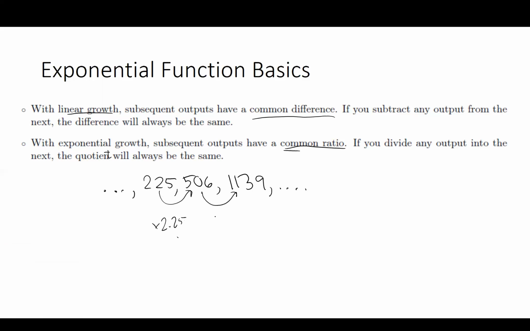To get from this term to this term, I'm going to be multiplying by 2.25, so on and so forth. If I wanted to go to the next term, I'd do the same thing. Now keep in mind that from the previous slide, we ended up with 1.5 per year. The reason we have the 2.25 for this slide is because we're actually listing off our sequence on every 2-year basis.